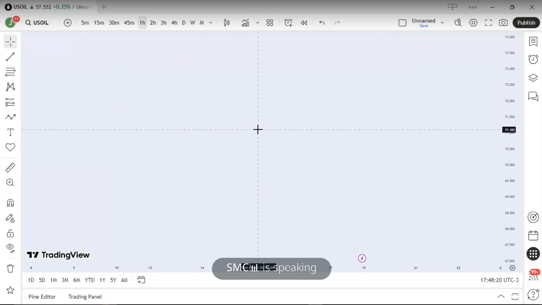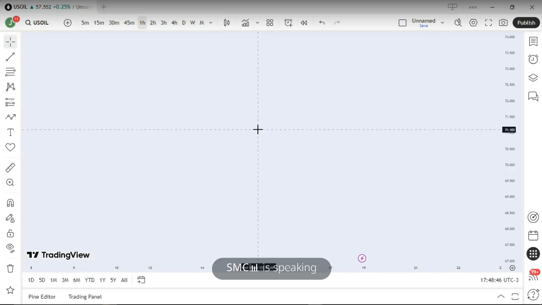In SMC, we have what we call points of interest. When I made a post on my status asking people to send me a topic, the majority of the messages I got were about points of interest.